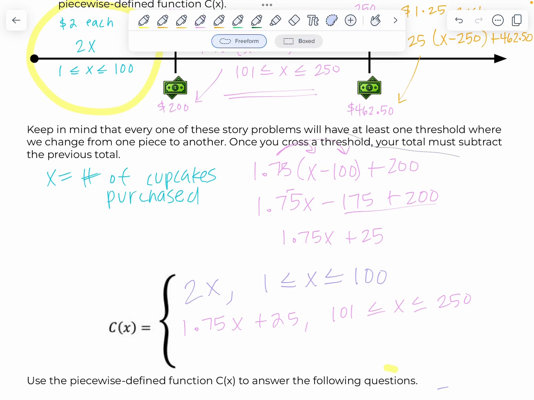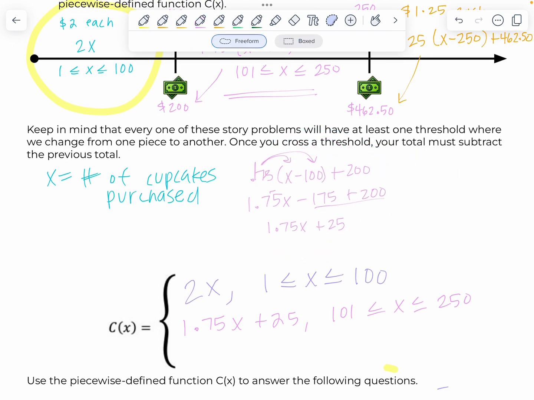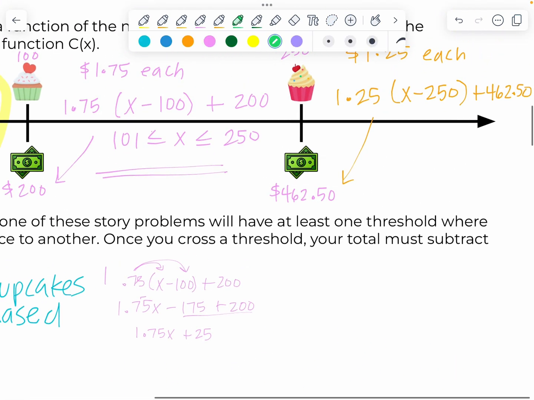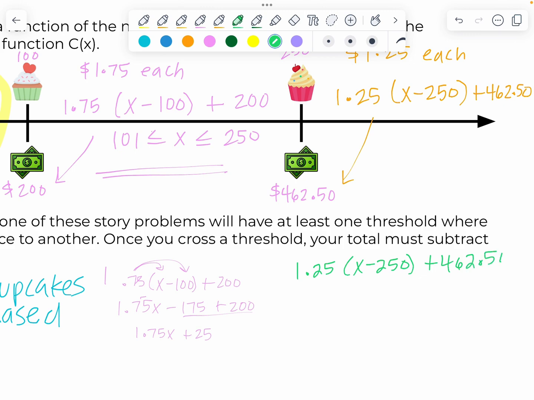Then we're going to do the same thing for that final equation. So we're going to take 1.25 times X minus 250 plus 462.50.